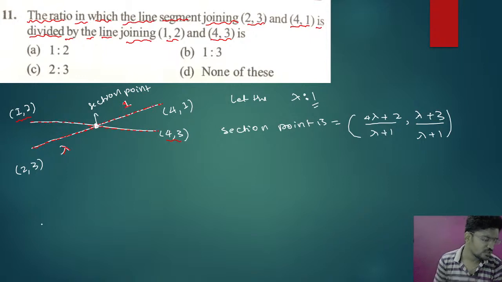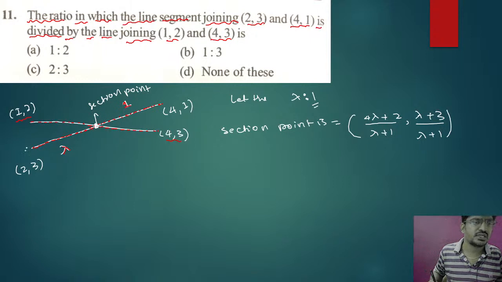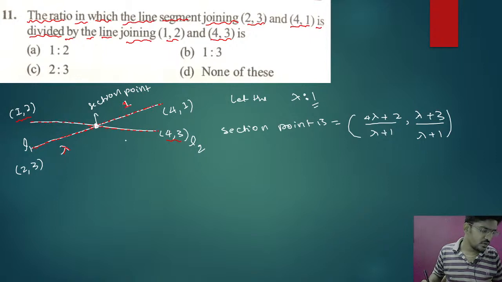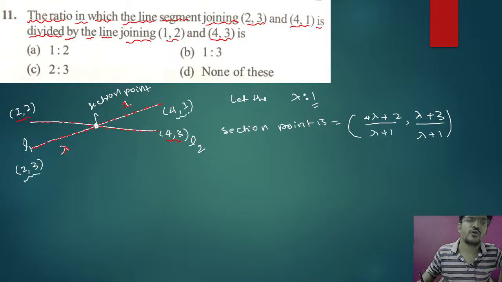Who has not understood? Okay, see here there are two lines, L1 and L2. L1 is joining 2, 3 and 4, 1.